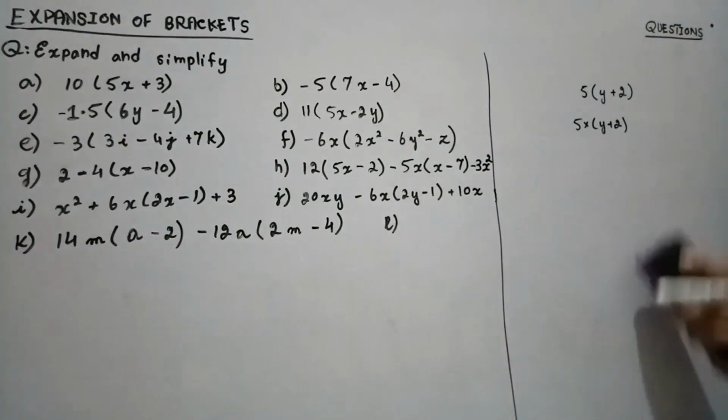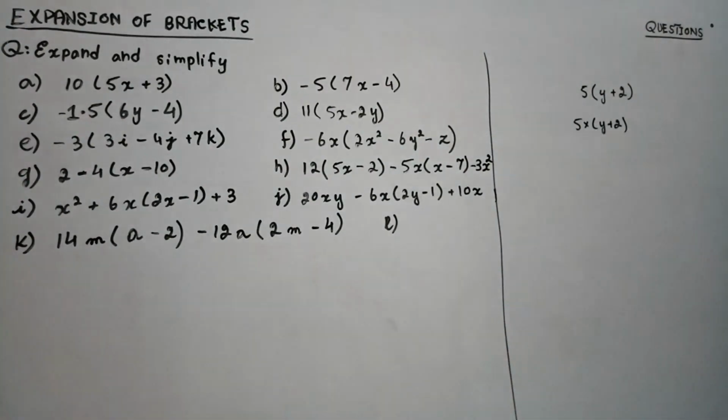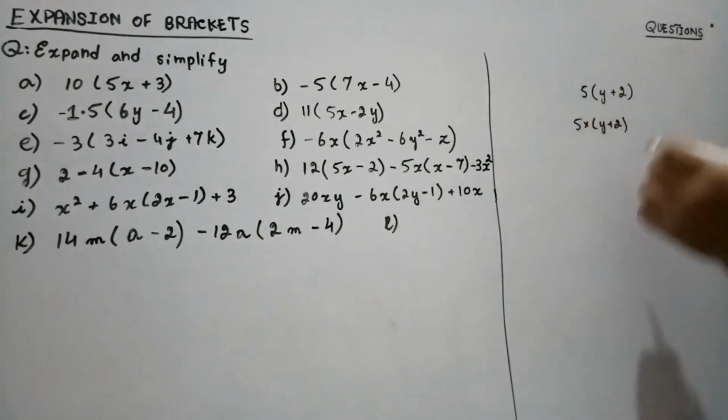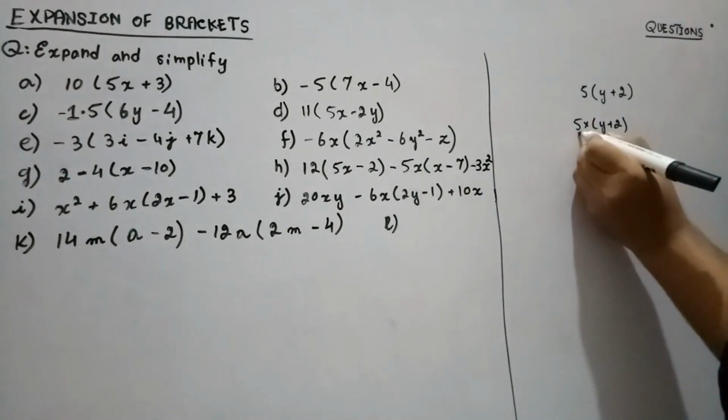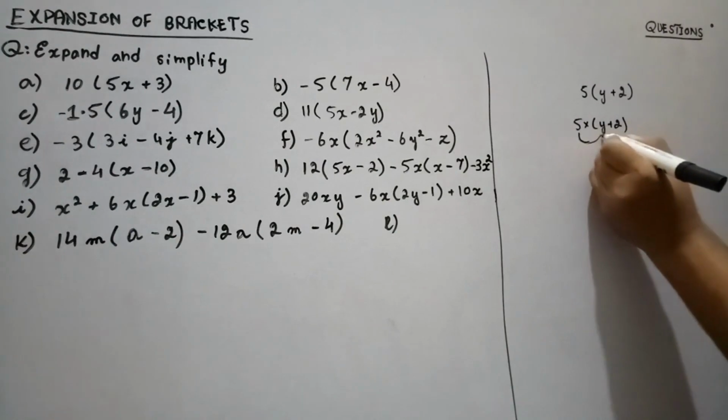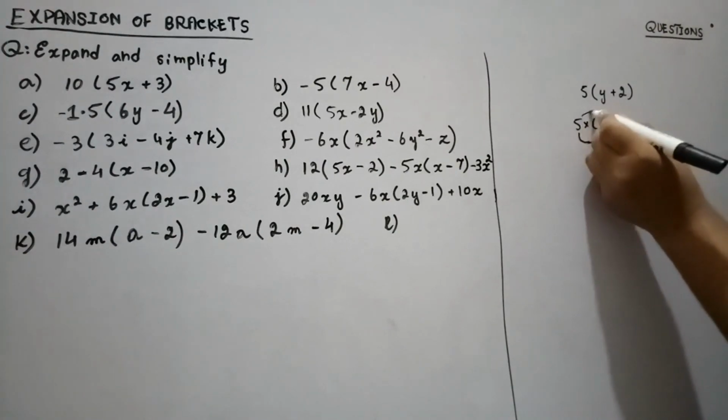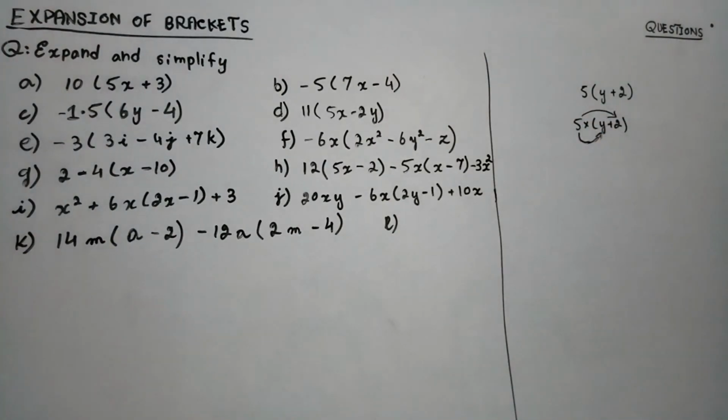So now here we have y and 2 in our brackets, and the number outside the bracket is going to multiply by each term present inside the brackets. It means that 5 is going to multiply by y, and it is also going to multiply by this 2.